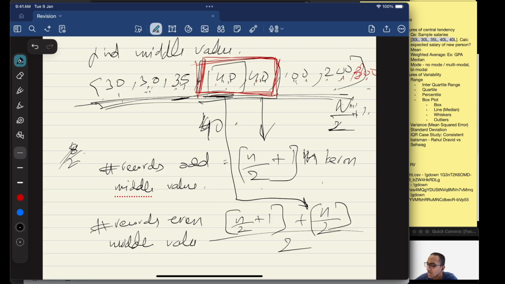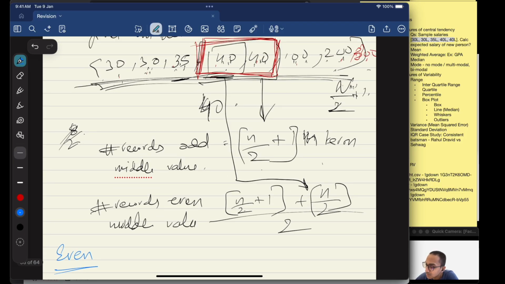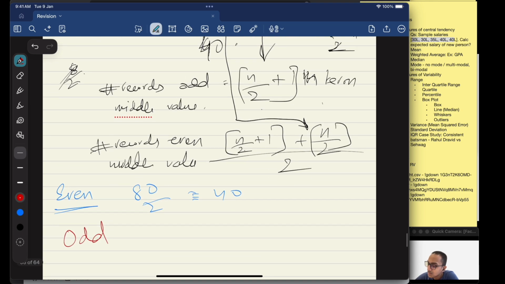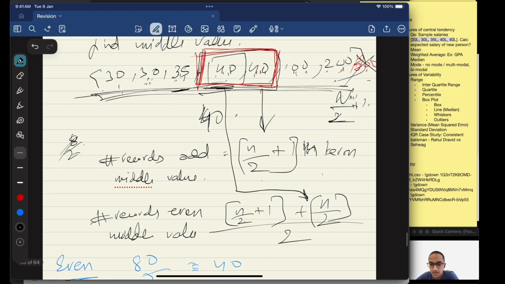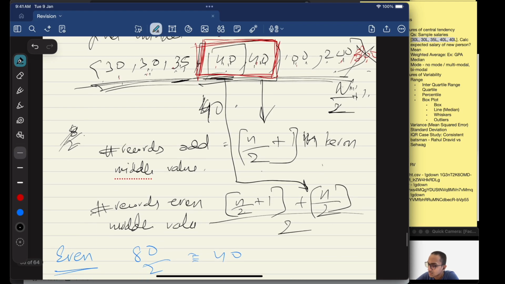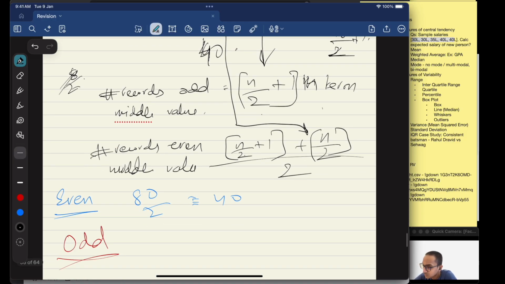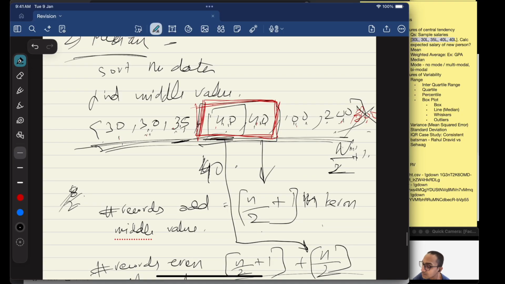So let's calculate the even case first. In the even scenario, what would be the median? The median would be 40 plus 40, which is 80 by 2, 40, right? In the odd scenario, we'll get rid of the 8th term, so only 7 of them. In this case, the middle value is clearly the n by 2 plus 1th term, which is 7 by 2 plus 1, which would be this 40 alone.